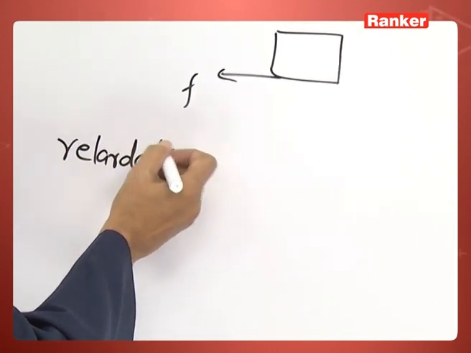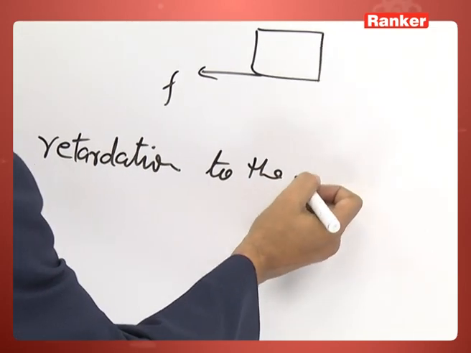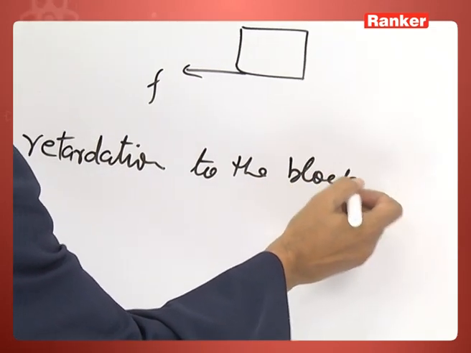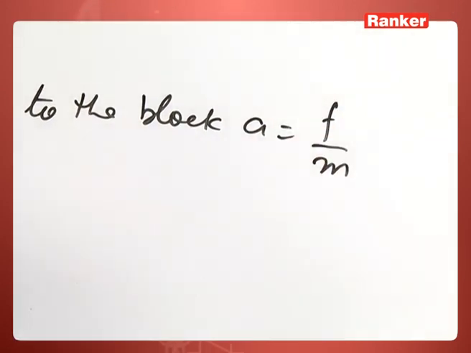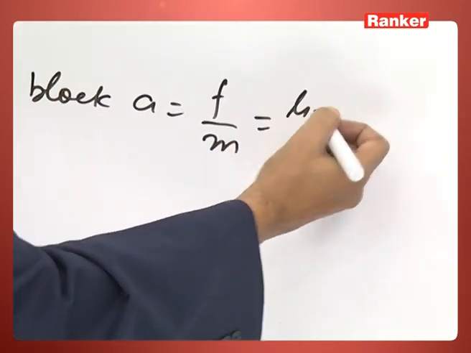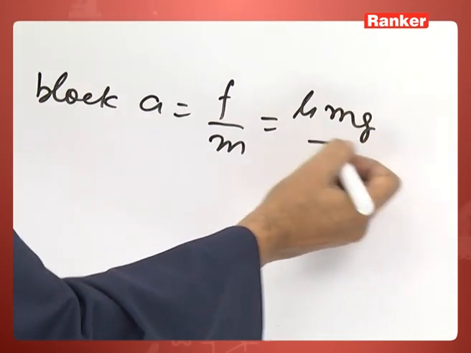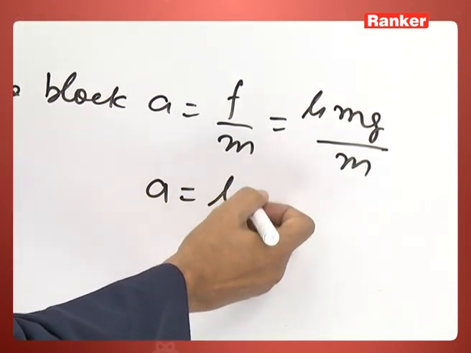Retardation to the block, A is equal to F by m, and F in case of kinetic friction is mu into mg. So A is mu mg by m. So retardation to the block is mu into g.